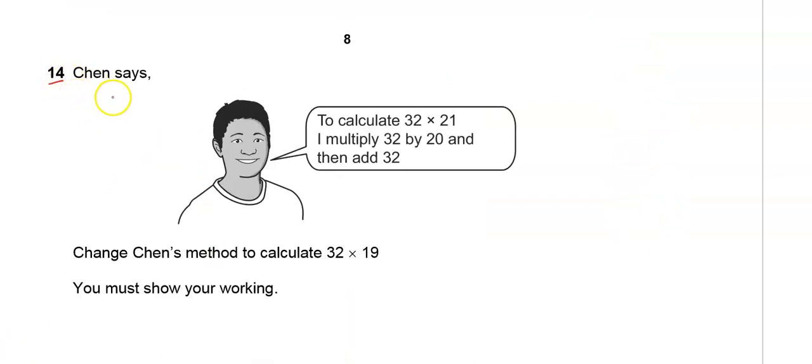Question 14. Chen says to calculate 32 times 21, I multiply 32 by 20 and then add 32. Chen changes the method to calculate 32 by 19. You change Chen's method to calculate 32 by 19.